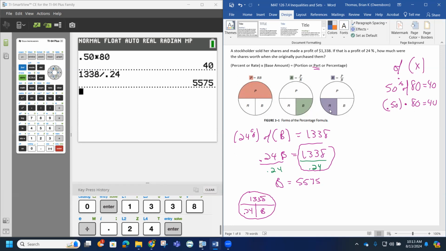If you're trying to find the rate, it's a division problem. If you're trying to find the base, it's a division problem. But if you're trying to find the part, the portion, or the percentage, that's going to be a multiplication problem. So this is another way you can solve percentage problems: use a model like this, and it'll tell you the relationship without actually writing an equation.